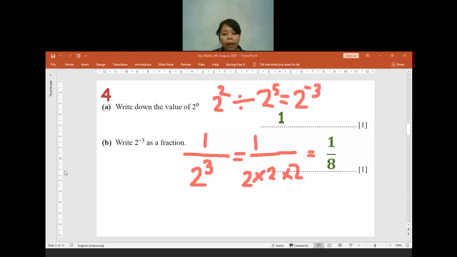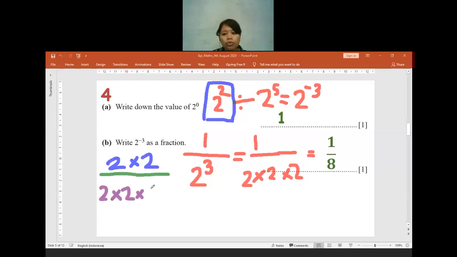Now, if we expand the power into numbers, 2 to the power of 2, I can write it as 2 times 2. Agree or disagree? Agree. Yeah, 2 to the power of 2, I will write it as 2 times 2. When it is divided, I can make it a fraction. 2 to the power of 5 means there are 5 numbers of 2, so it will be 2 times 2 times 2 times 2 times 2.